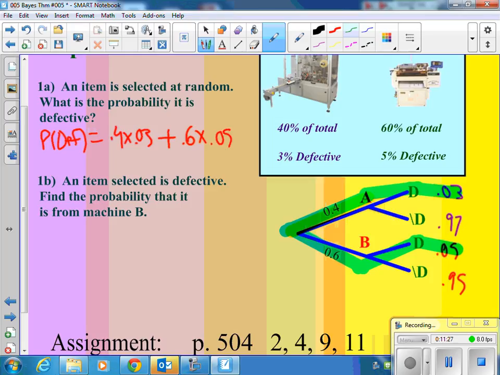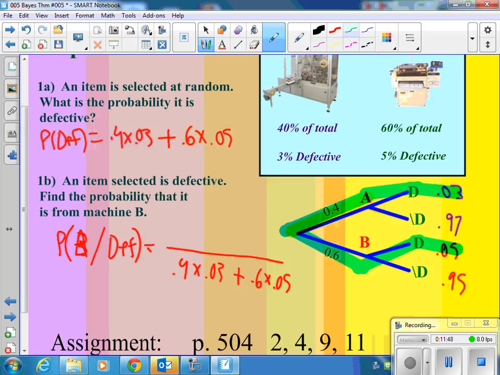So now we get to this part. An item is selected and is defective. So you know the thing is defective. You want to know the probability that it comes from machine B, knowing that it's defective. Okay? So let's look at defective. These are the possible defectives. 0.4 times 0.03 plus 0.6 times 0.05. And then the fact that it's the B defective, is it A, B, C, or D arm?